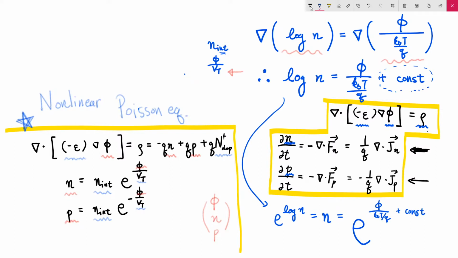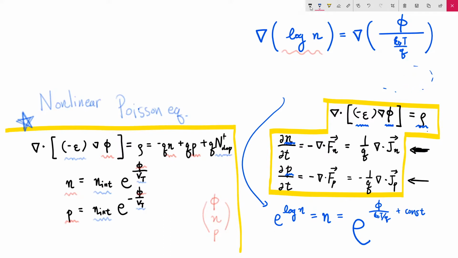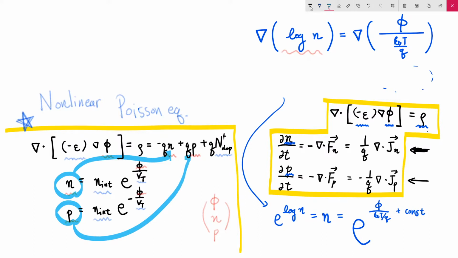But my suggestion is, please do not introduce the more compact form usually adopted in our computational microelectronics book. I mean that by just inserting this expression into here and inserting this expression into here, we can completely eliminate n and p from our unknown variables.